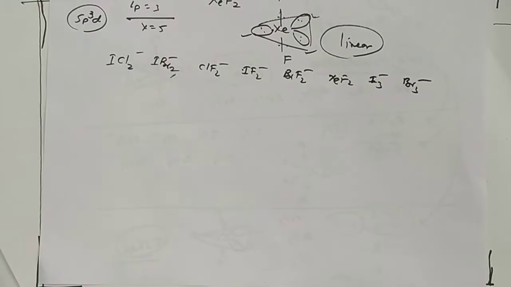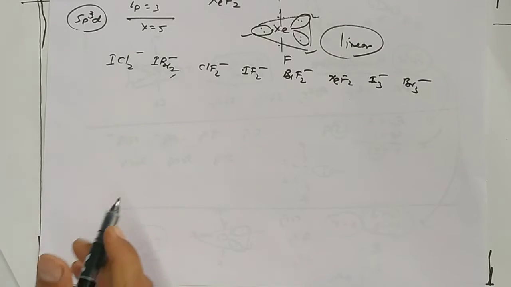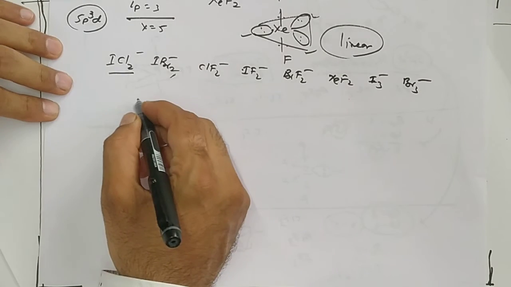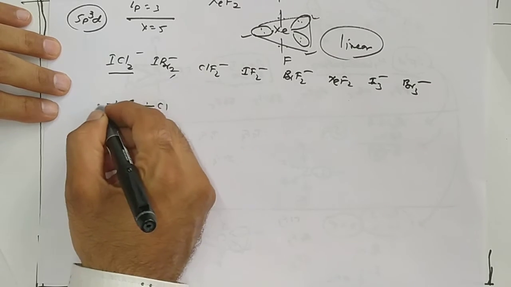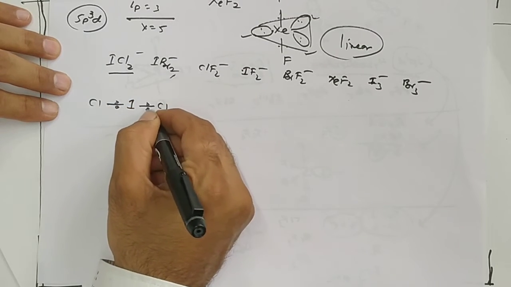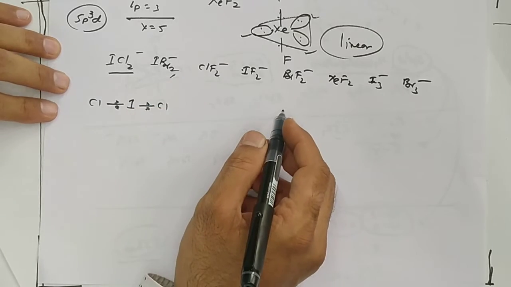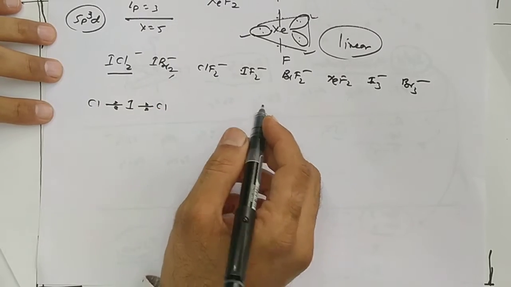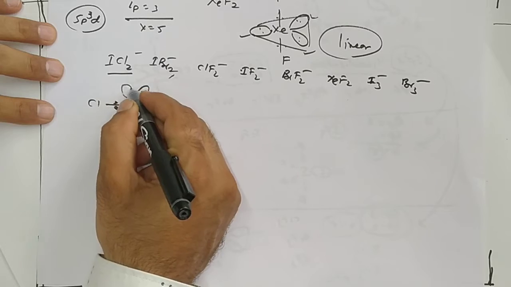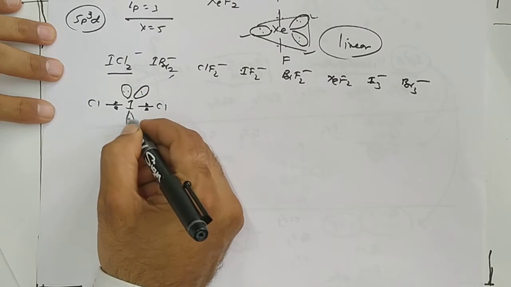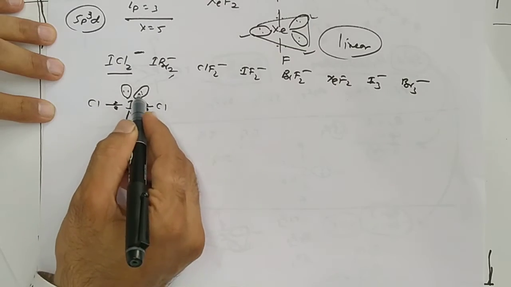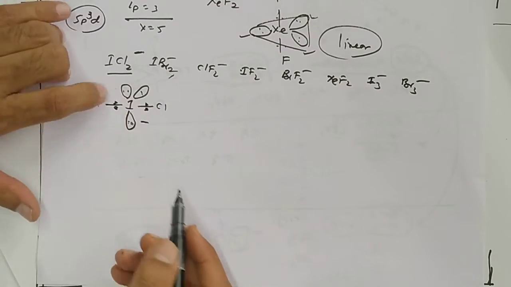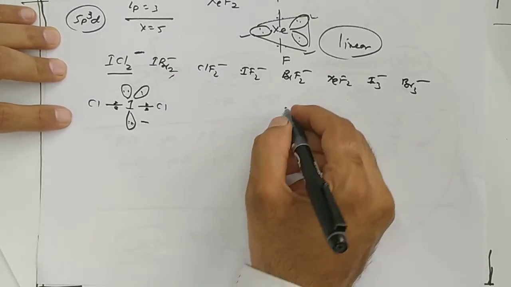Here, what about I3 minus? Yes, listen. First ICl2 minus. Iodine has 7 electrons. Out of 7, 2 are used. Remaining are 5. So 2, 2, 1, and 1 is gained, so minus. So 3 lone pairs and 2 bonding, so linear.